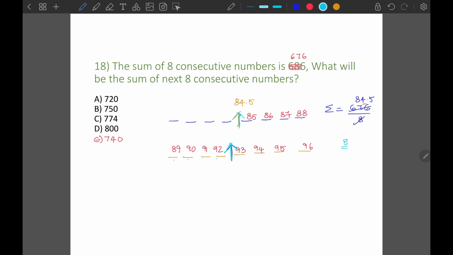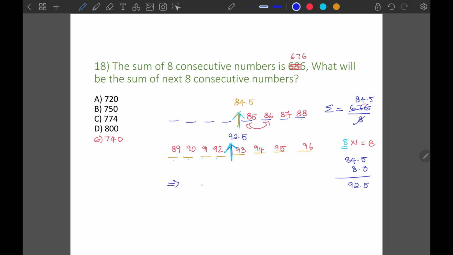And what is the difference between the consecutive digits? It is 1. So 8 into 1 equal to 8. Add this difference to the previous mean, that is 84.5 plus 8, that is 92.5. So the mean of the second data set is 92.5.